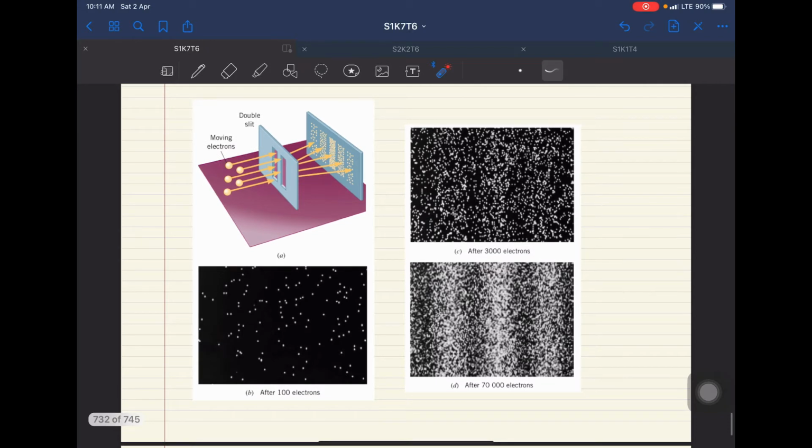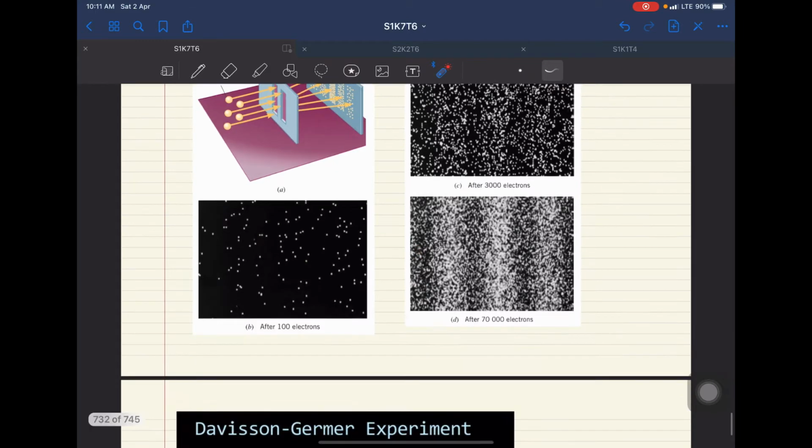Even though this is a particle, you can see the interference pattern. This pattern is obvious for electrons because the mass of the electron is very small, so the lambda is quite big compared to a normal object like yourself. Your lambda would be very, very small, so finding this pattern is really difficult.